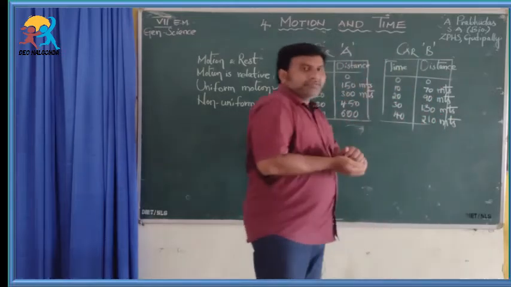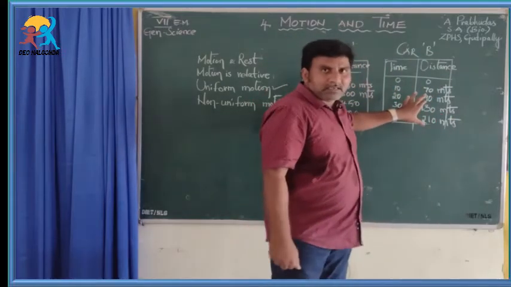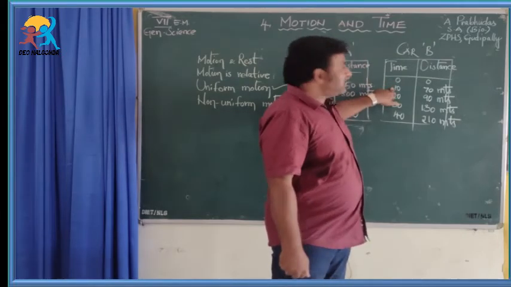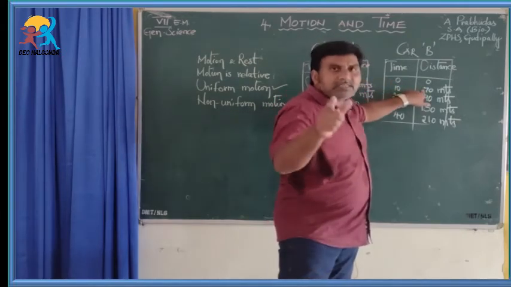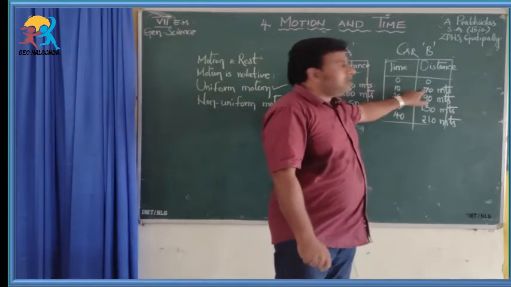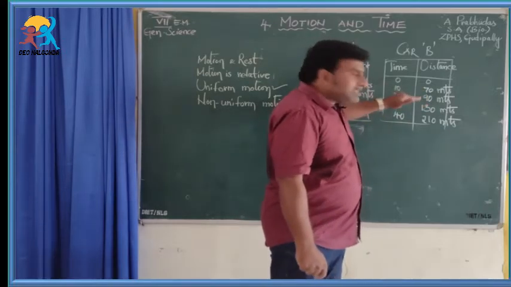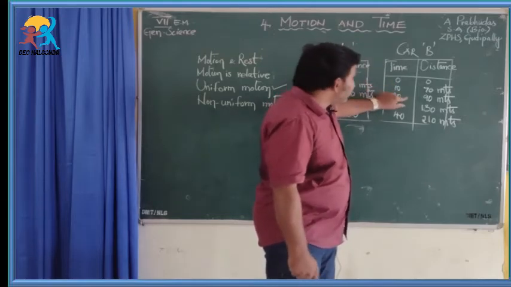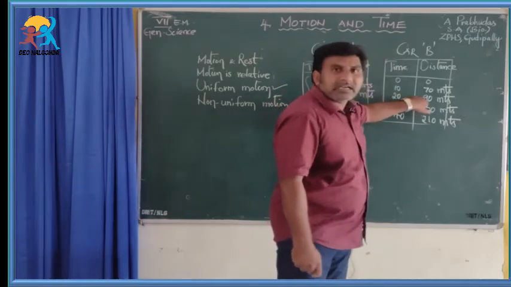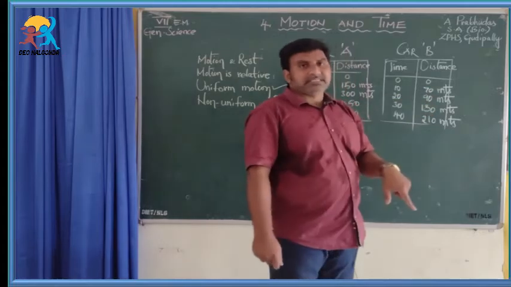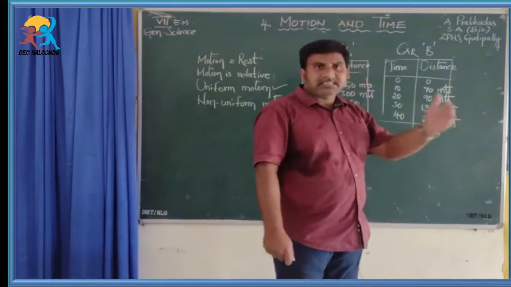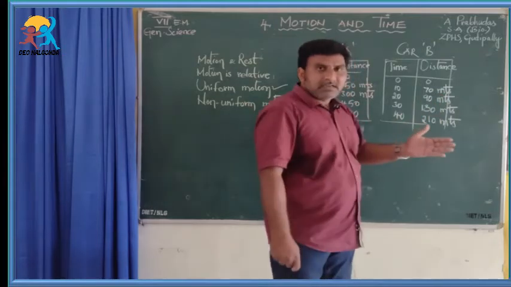And again after 40 seconds the distance travelled by the car is 210 meters. So if you take the difference, after 10 seconds the distance travelled by the car is 70 meters.